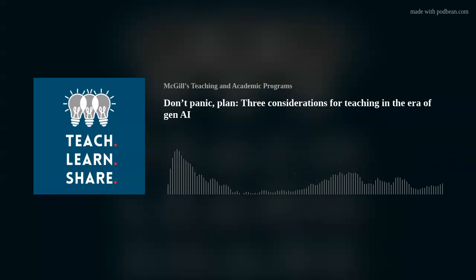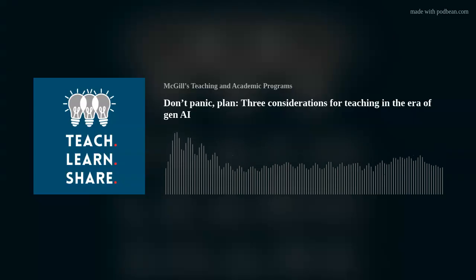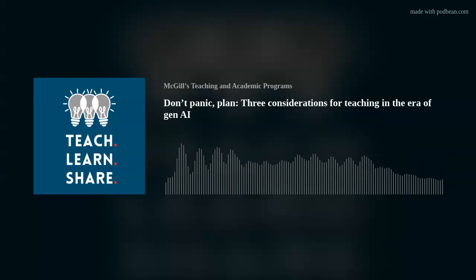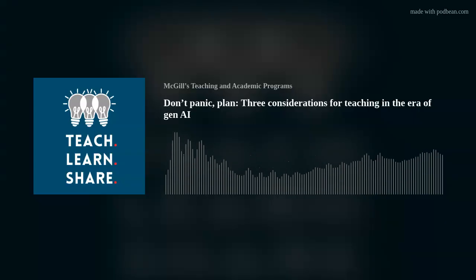Which moves us nicely into our third and final recommendation, which is be transparent. Would you want to talk a little bit about that? Yeah, I think transparency is a really good instructional theme, period, is being clear about levels of expertise. We are all learning about AI. None of us are, quote, experts.